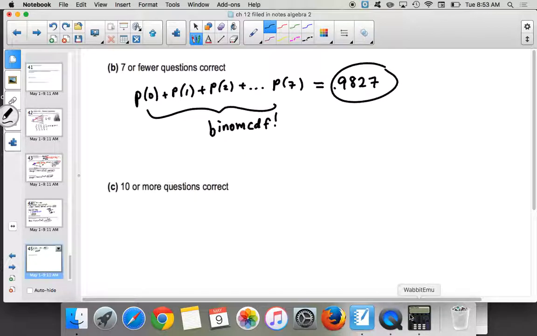And then 10 or more questions correct. So do we want to do 10, 11, 12, 13, 14, and 15? That's 6 different probabilities and add those together? That's one of the 1 minus ones, right? So what's the complement? Yeah, it's going to be the probability of 0, 1, all the way up to 9, right? So we're going to find that. That's the CDF.